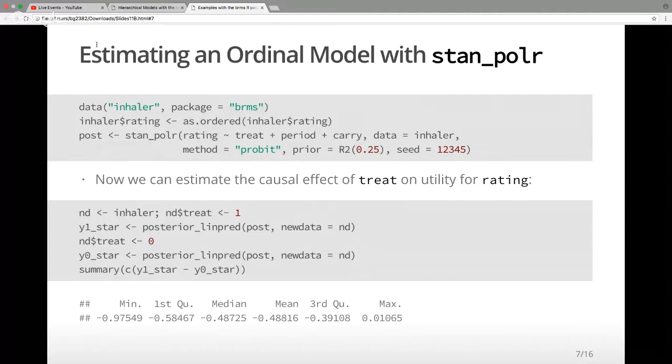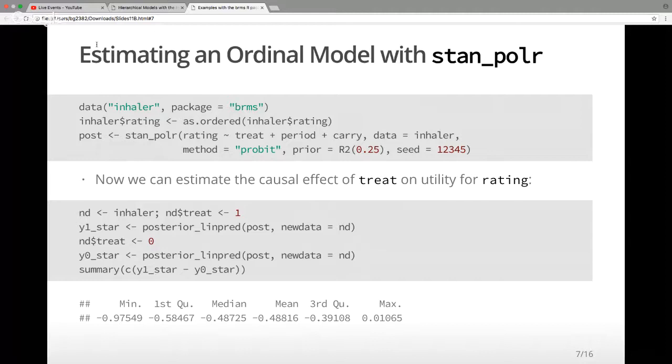Presumably that was randomly assigned. Something about the period in which the study was conducted, whether the person is actually carrying the inhaler regularly. That comes from a data set in the BRMS package. Anyway, we can estimate the posterior distribution of the coefficients for that model.